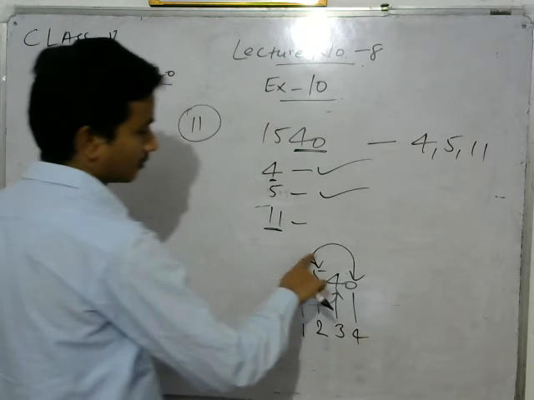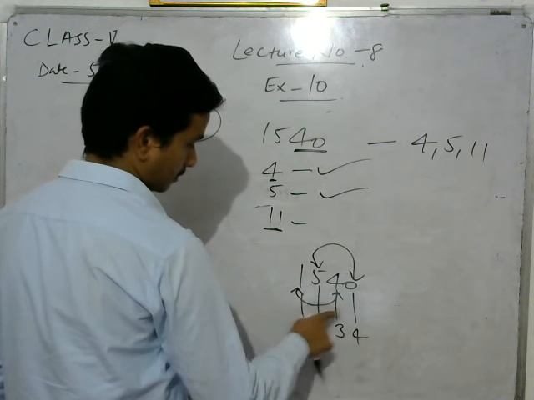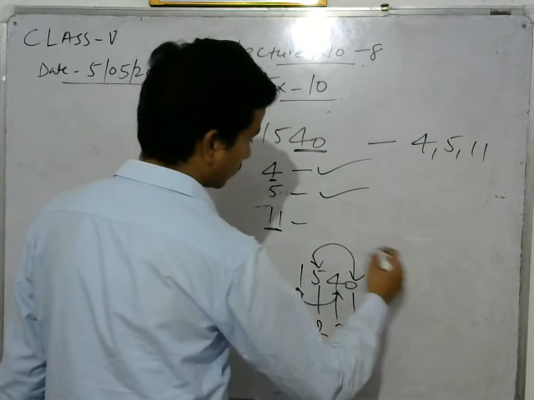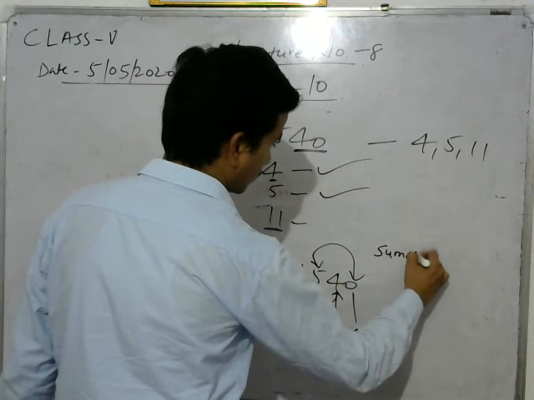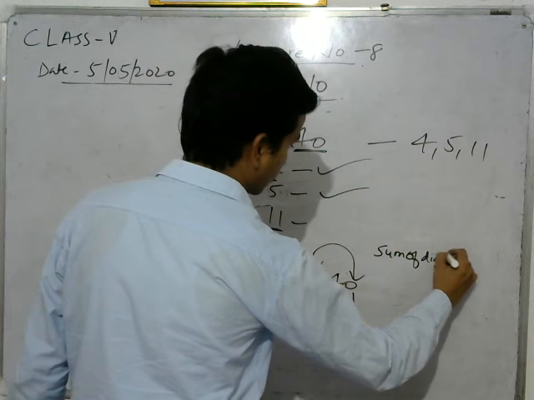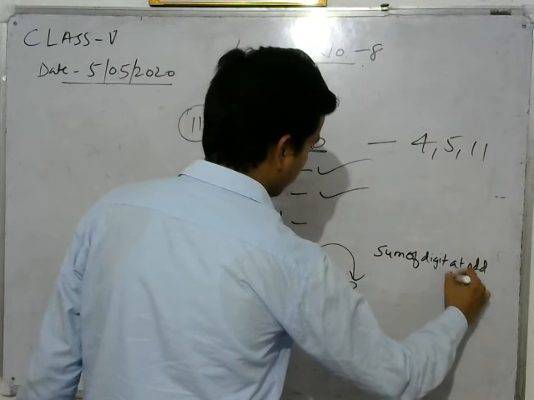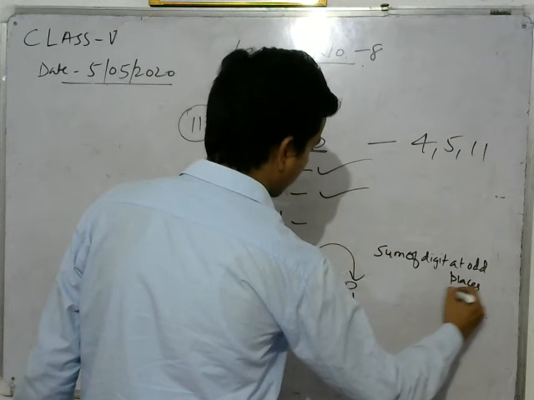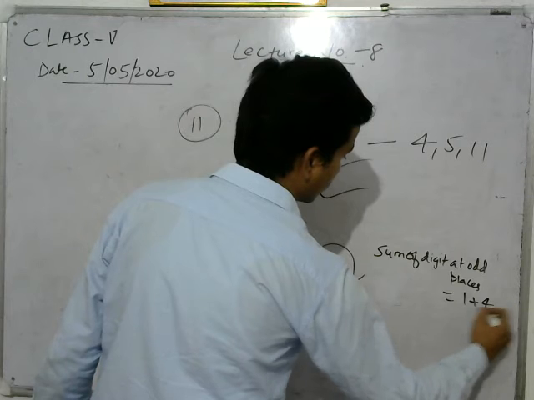So add them. What is the sum of digits at odd places? 1 plus 4 equals 5.